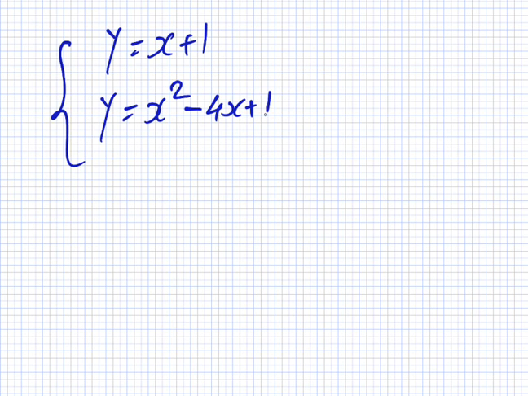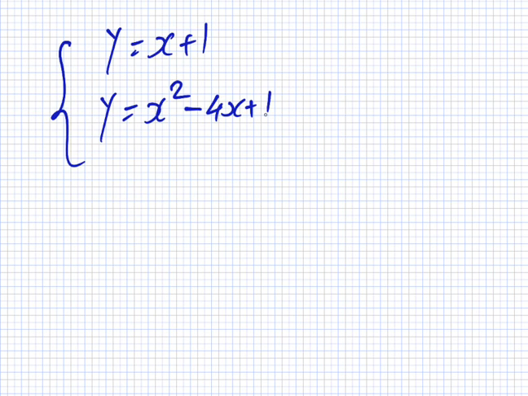So we have seen how to solve two linear equations. What are the methods we have for solving two linears? We have graph. What else? The names of the methods.